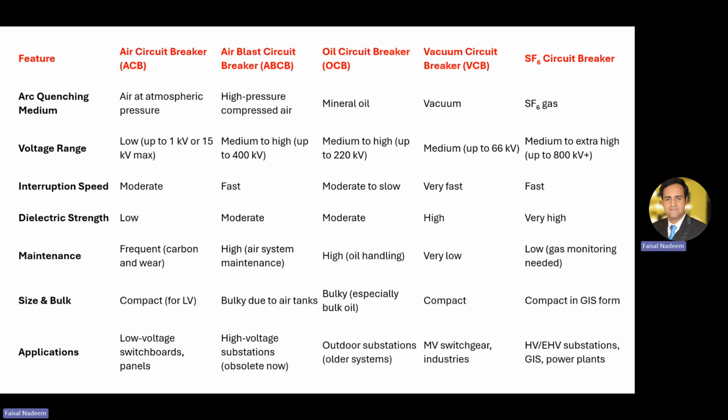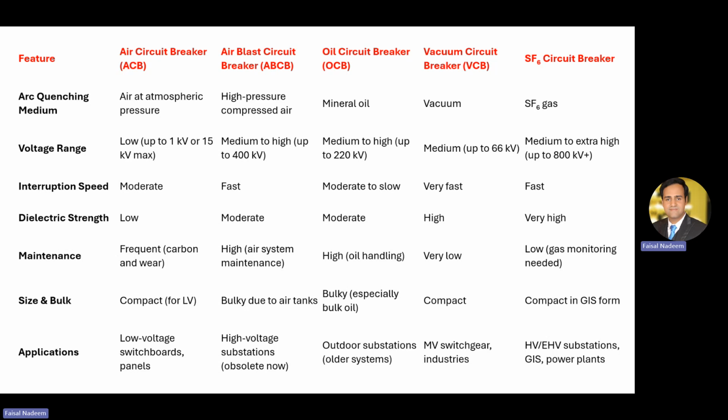Voltage ranges: the air break circuit breakers are usually used in the range of 1 kilovolt to 15 kilovolt. Air blast circuit breakers are used up to 400 kV as written here, but they can also be used up to 765 kV as well. But I have already discussed their challenges and why they have been replaced with SF6. Oil circuit breakers can be used up to 220 kilovolt level, where there is no frequent switching.